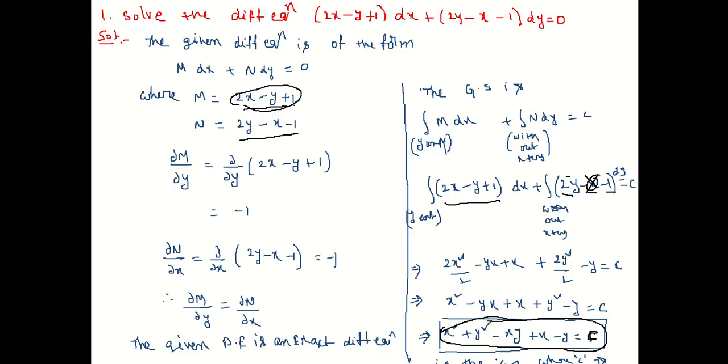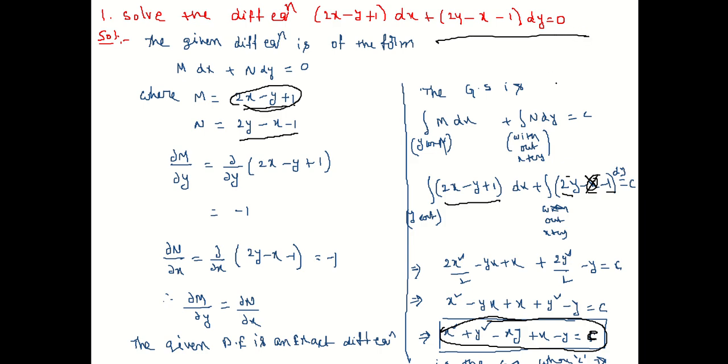So the solution of the differential equation is nothing but a relation between the dependent and independent variable not containing their derivatives. See, this is the differential equation. We are eliminating the derivatives, the dy by dx term.